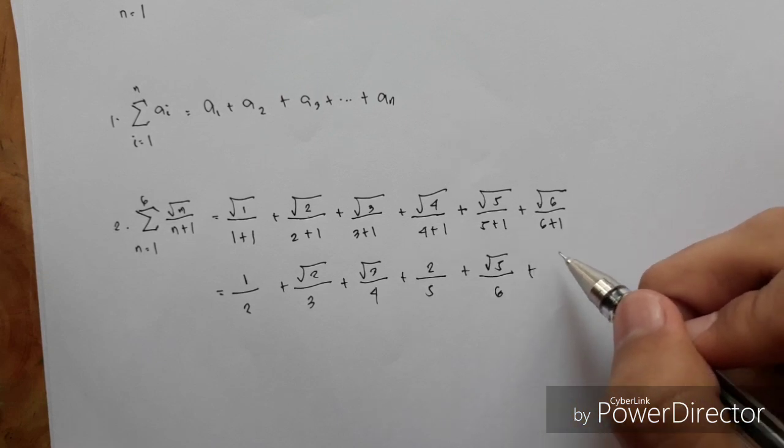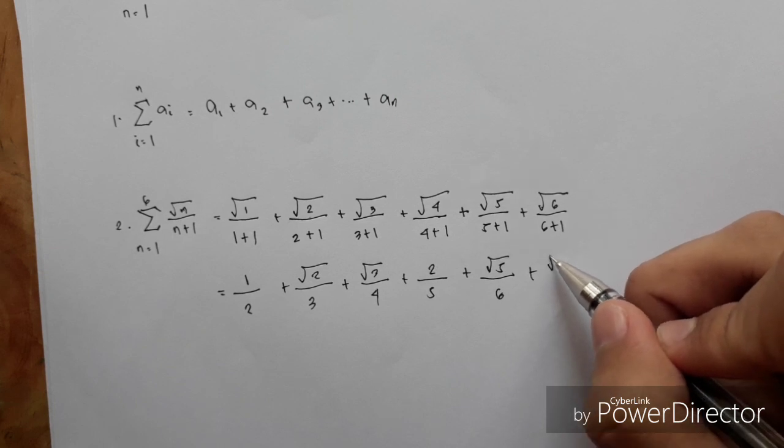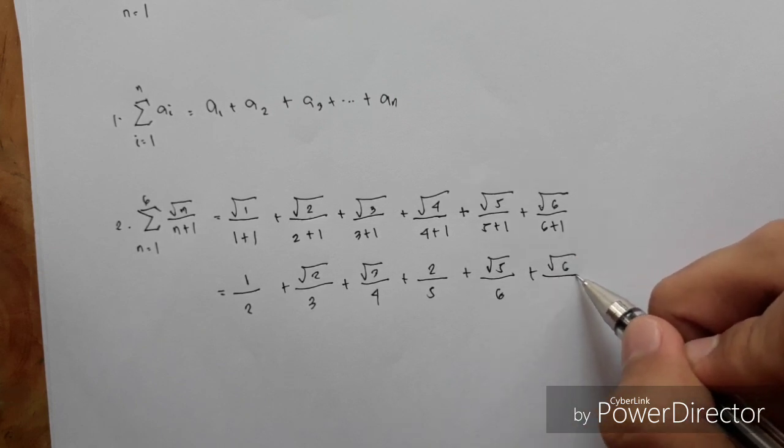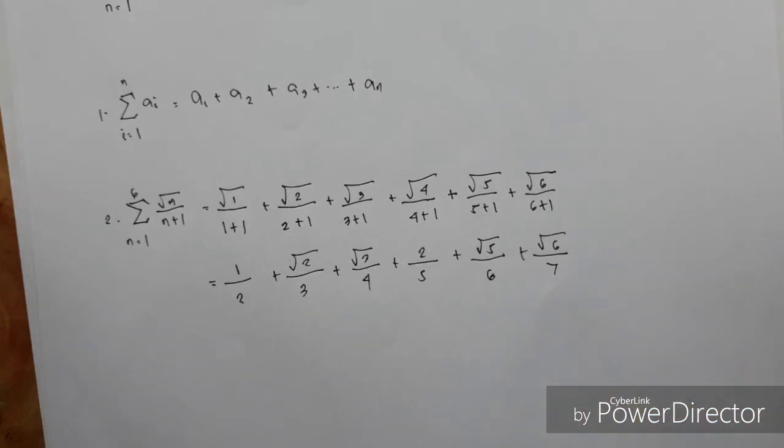Then the last is square root of 6 over 7. So that's the first example.